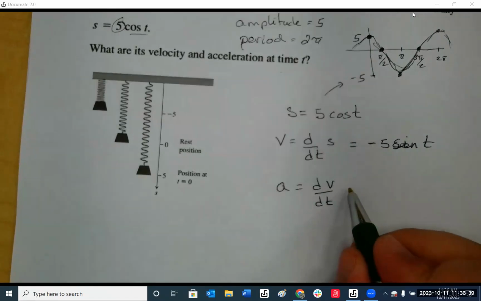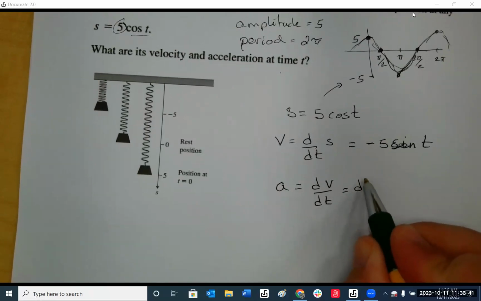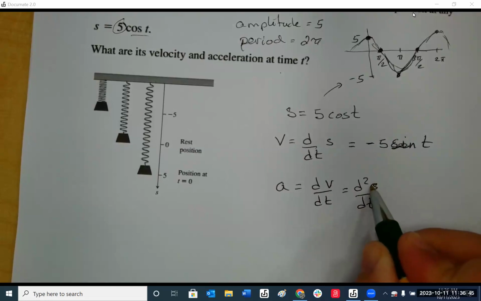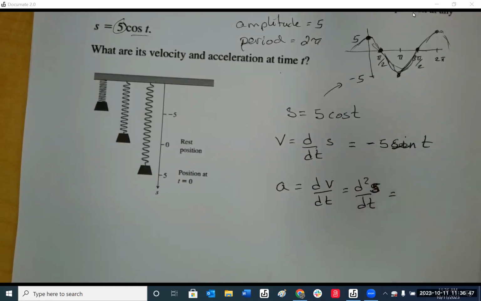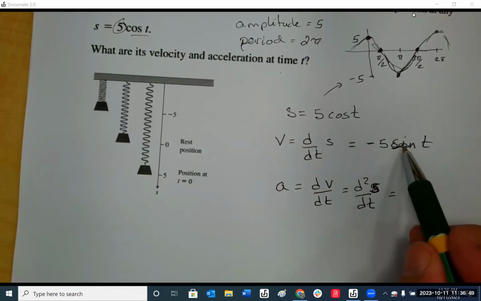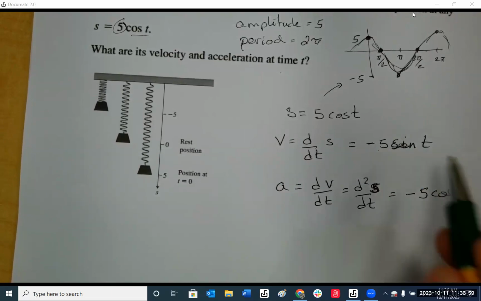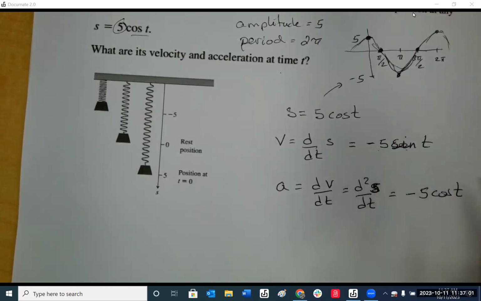Now the acceleration, which is the second derivative of our position function. So the derivative of negative 5 sine t: the derivative of sine is cosine, and it stays negative, nothing changes.